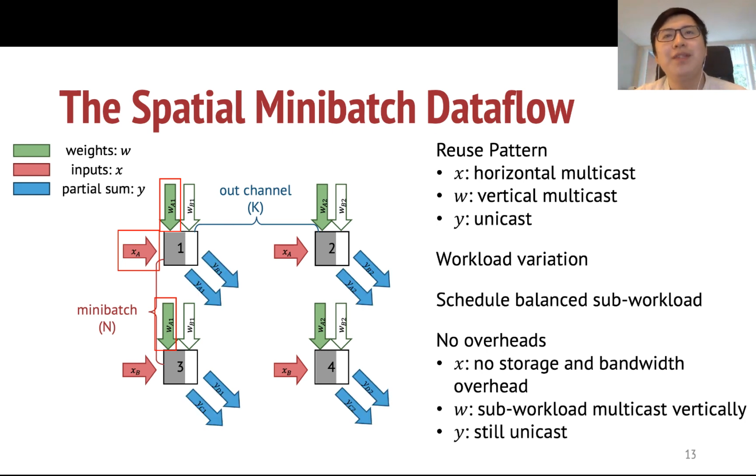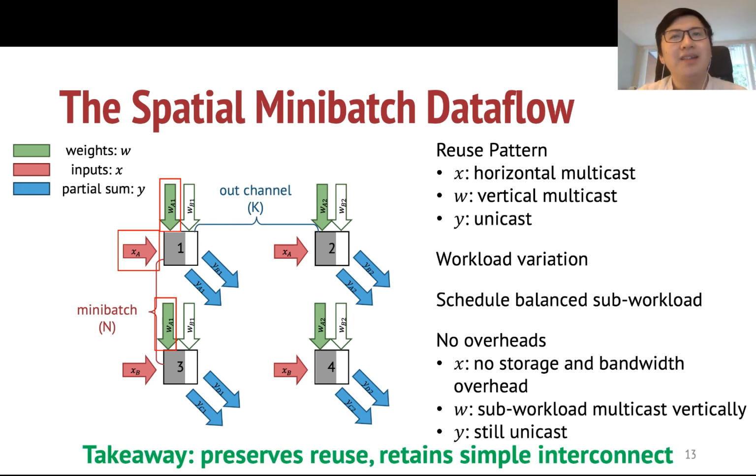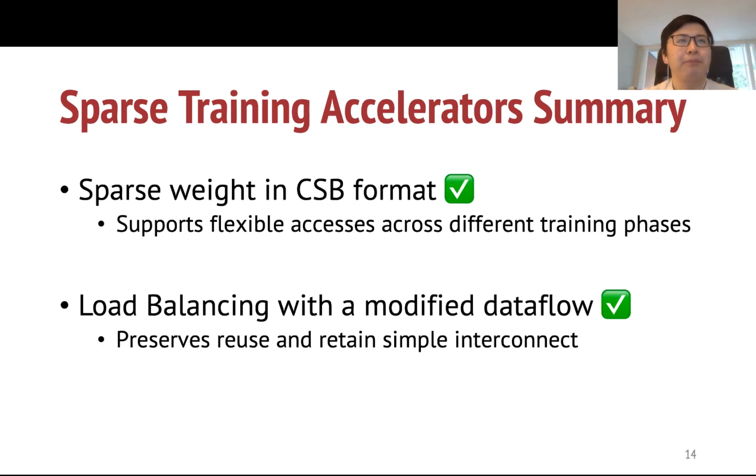And partial sum subtiles are still unicasted, so no loss of reuse opportunities. The takeaway is that load balancing with our modified spatial mini-batch data flow preserves reuse, and only needs simple one-dimensional interconnects to support multicast and unicast patterns.